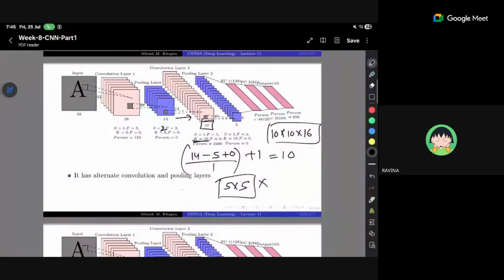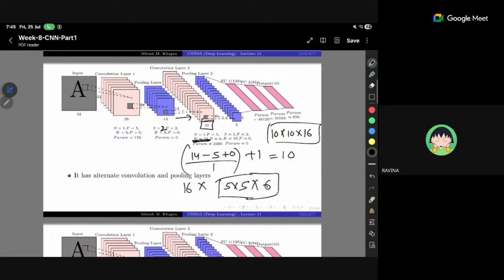Okay, so 16 of these 5 cross 5 filters I used, right? That's what the 16 means. But did I use a 5 cross 5 filter, or did I use a different size of filter? No, I used a 5 cross 5 cross 6 size filter.